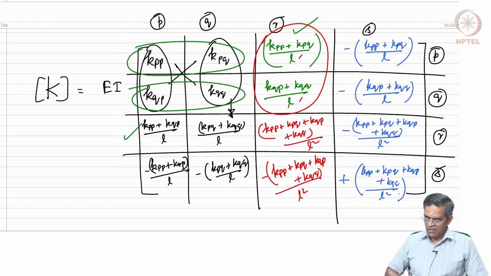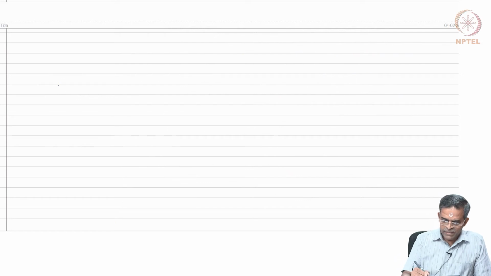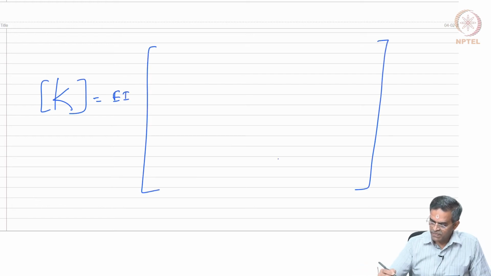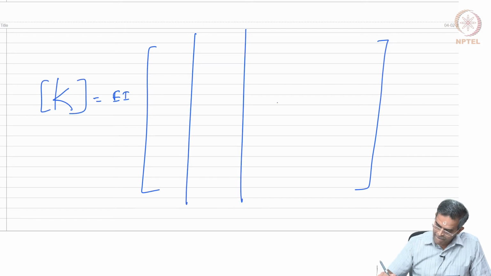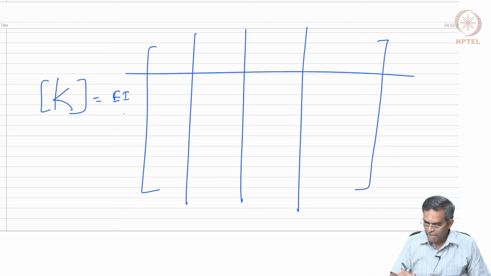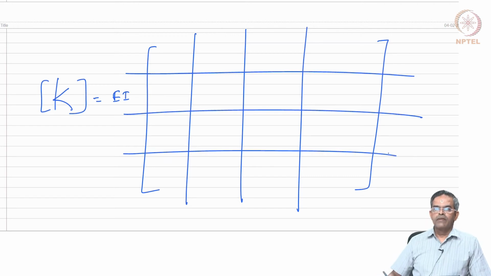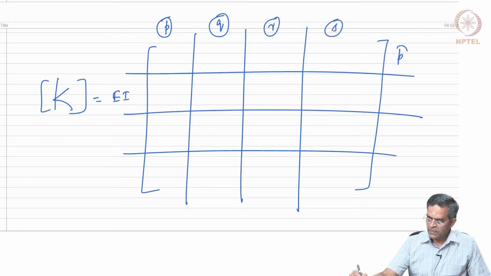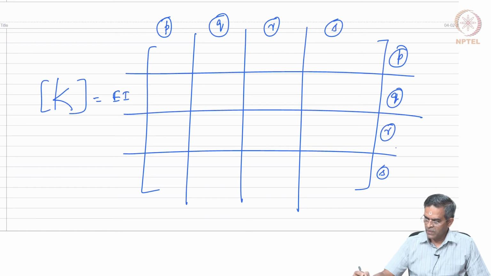We said that my K matrix for a simple fixed beam, neglecting axial deformation, is given by this. Let us have the labels as P, Q, R and S.